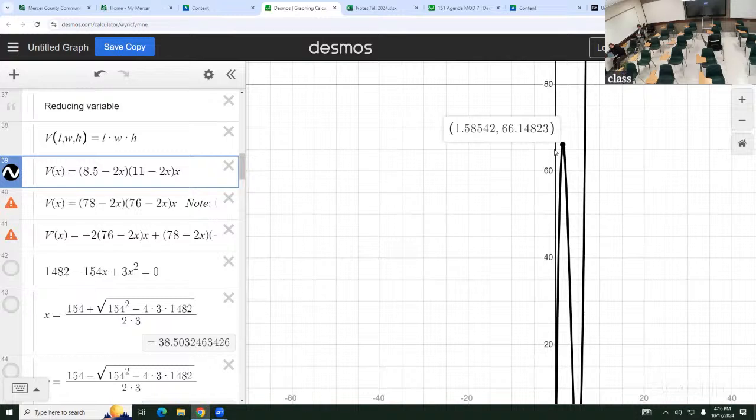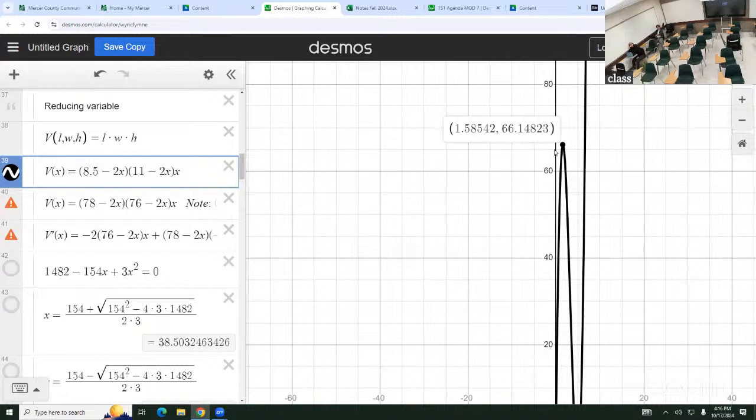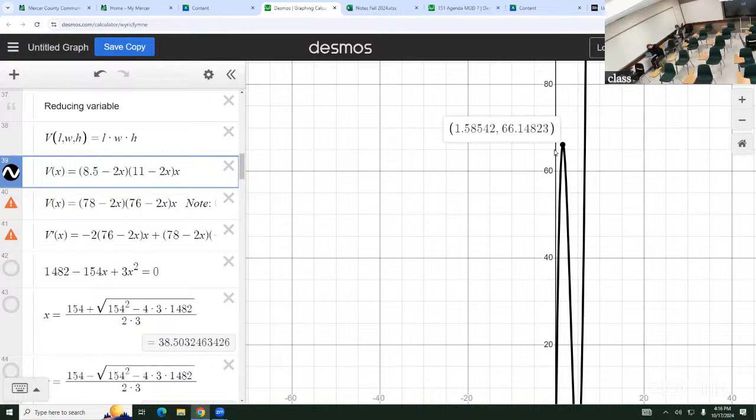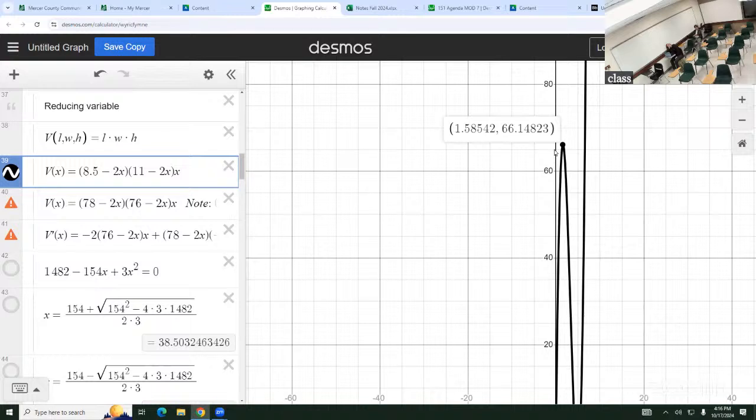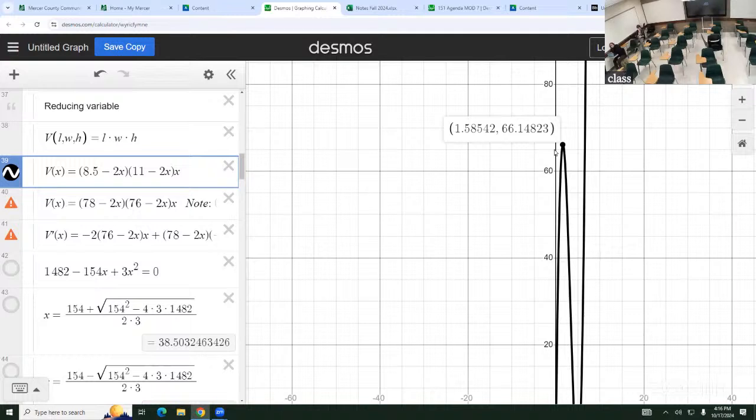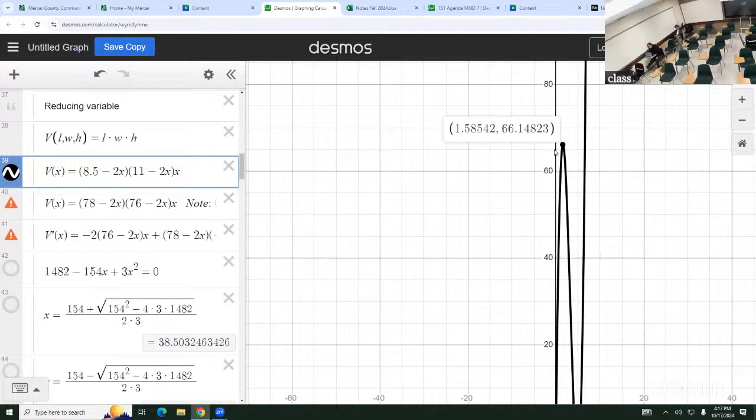So 1.5, if you take a piece of paper that's 8.5 by 11, that's a regular piece of paper, and cut, looks like 1.5 inches of squares off of each corner and fold it up, you'll get the biggest volume. And the volume will be really 66 cubic inches. That seems pretty big.